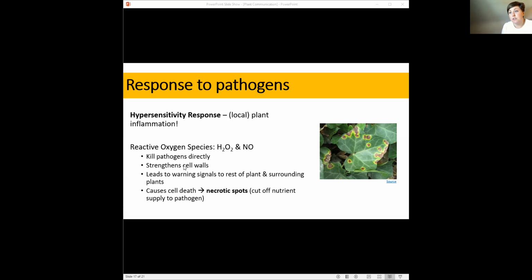They can trigger additional genetic responses that would lead to the production of antibacterial molecules, and they can also induce plant cell death, which might seem a little counterintuitive, like why would a plant cell induce its own death in response to a pathogen? Let's take a closer look.